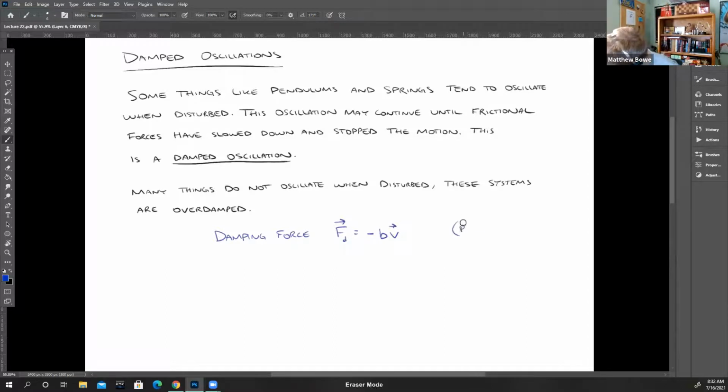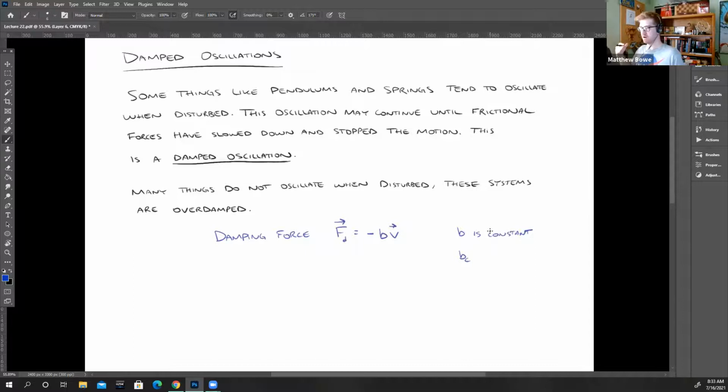We'll say B is constant for each different material. Each different material has a critical damping level.